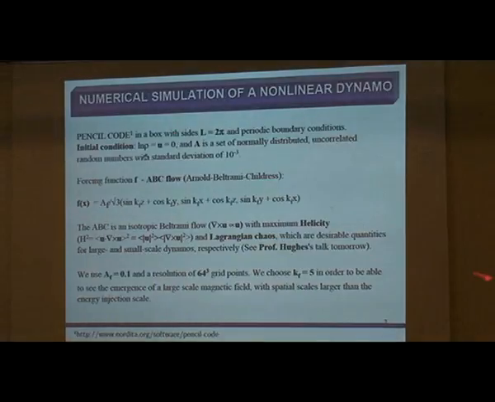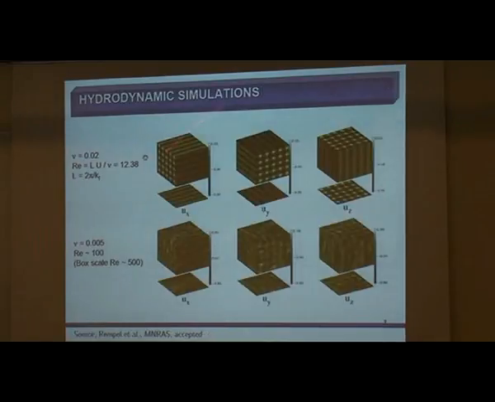The forcing scale is chosen as k equals 5, which is the characteristic wavenumber of the turbulence. So this is the ABC flow. At a low kinetic Reynolds number, you see the ordered structure. This is without magnetic field first, purely hydrodynamic simulations. Your velocity field will converge to a stable state that doesn't change with time.